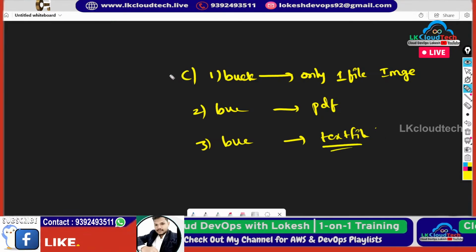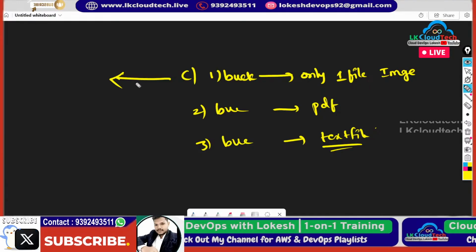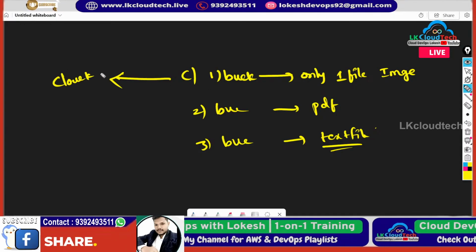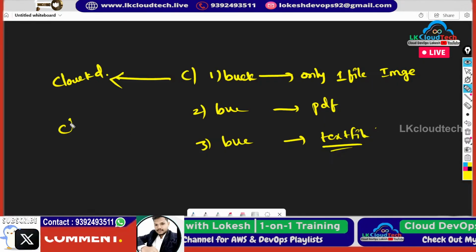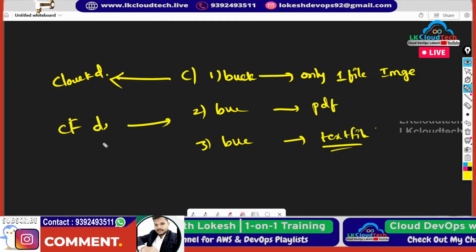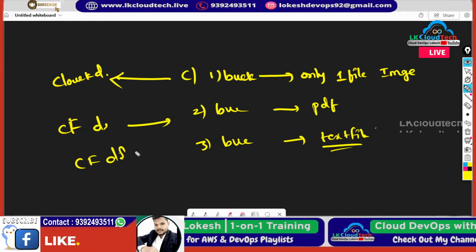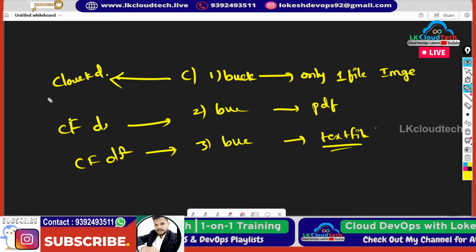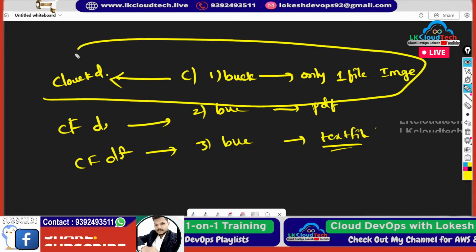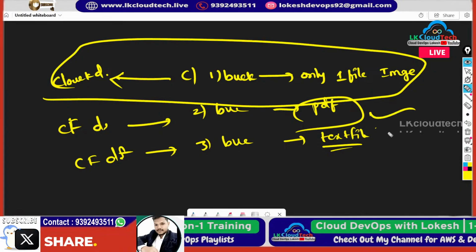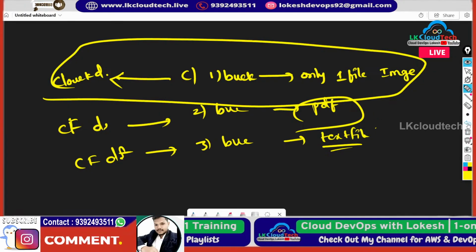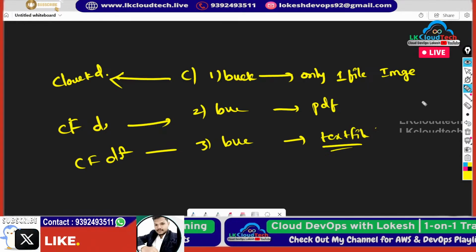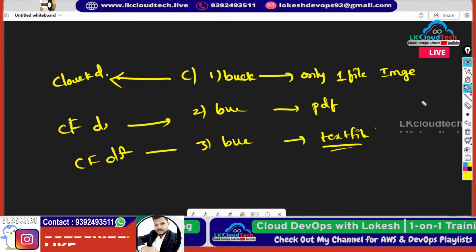We'll do like this for every bucket. Each bucket will be connected with a separate CloudFront distribution. Three different ways. Image is separate, PDF is separate, text file is separate. So let's see whether we are able to access it or not. Okay, so we are almost close.